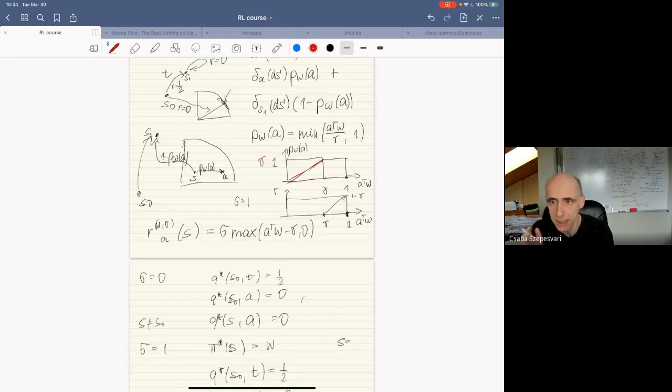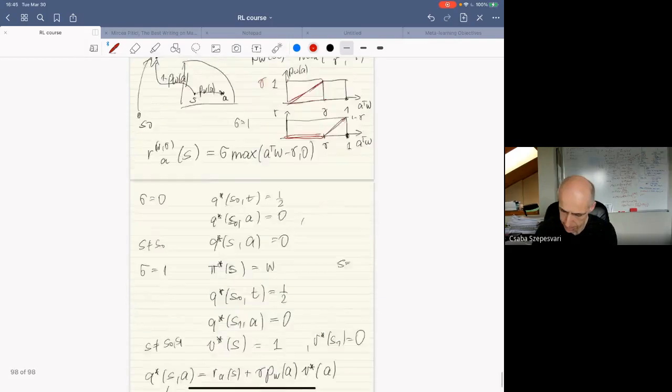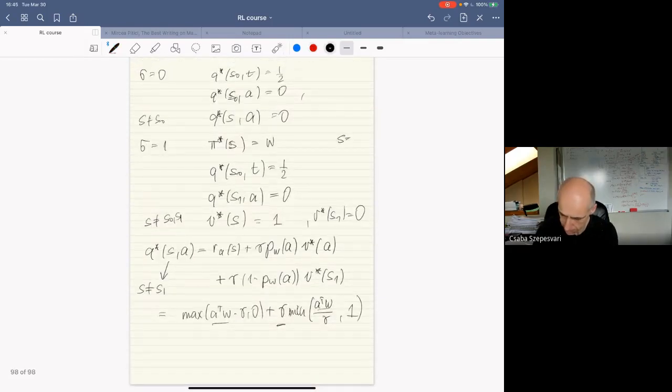It's the 45-degree line after scaling down. So gamma times PWA starts off as a 45-degree line, then it flattens out. And then you add to this the other one, which is 0 up to gamma, and it continues as a 45-degree line. So altogether, you get y equals x. So the sum of these two functions is just A transpose W.